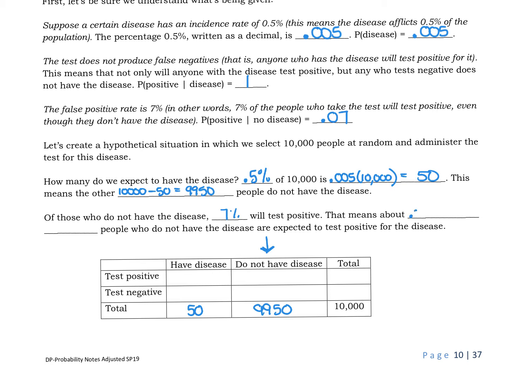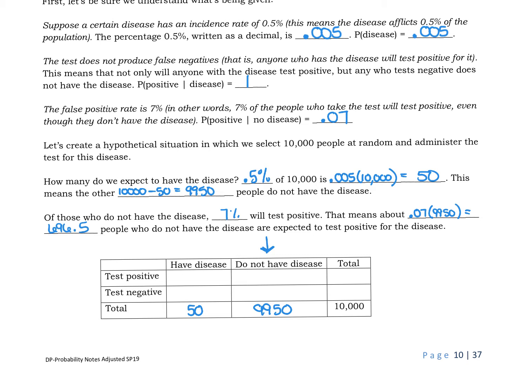So to calculate that, write 7% as a decimal and multiply by the 9,950 people, and that will give us 696.5. Now, I know we're talking about people, but please don't round, okay? Go ahead and use the decimal form. It's perfectly fine.